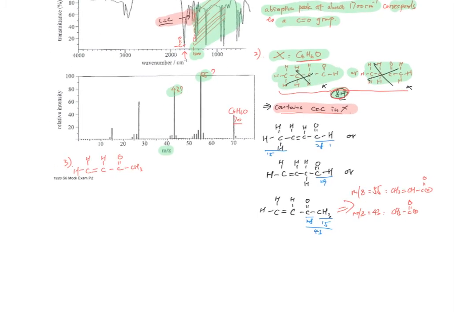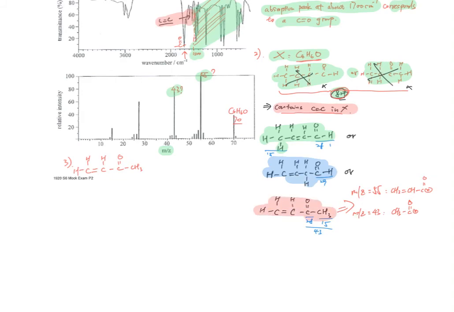So you can predict that there are 3 possible structures for X if the molecular formula is C4H6O. The first structural formula should be like this, the second should be like this, and the third one may be like this.